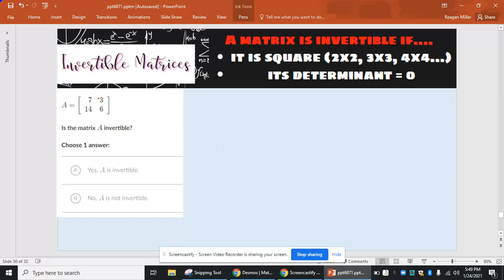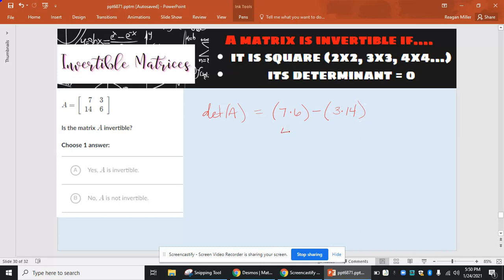So we're going to look at this matrix right here to figure out if the matrix is invertible. So obviously we need to find the determinant of this matrix. The determinant of matrix A is going to be A times D, 7 times 6, minus B times C, 3 times 14.